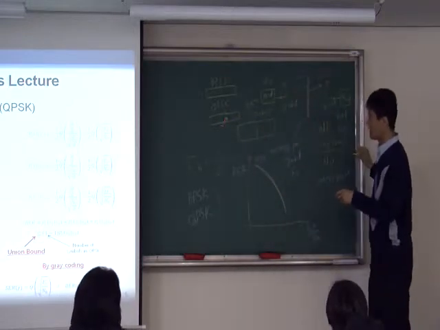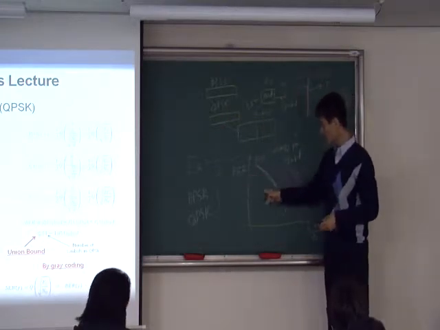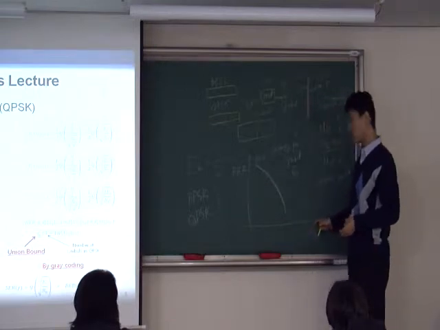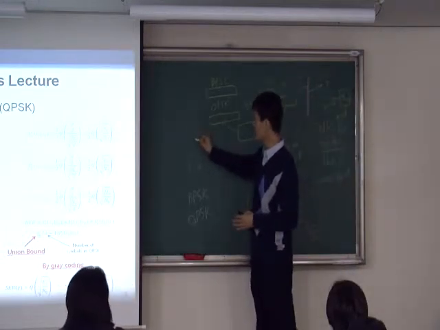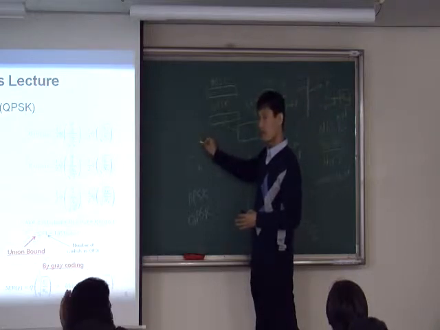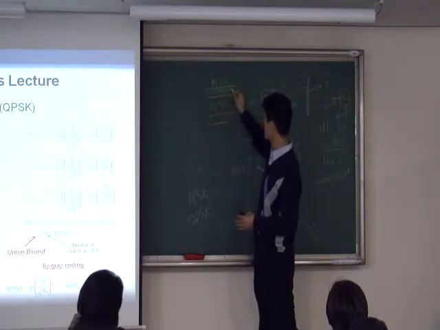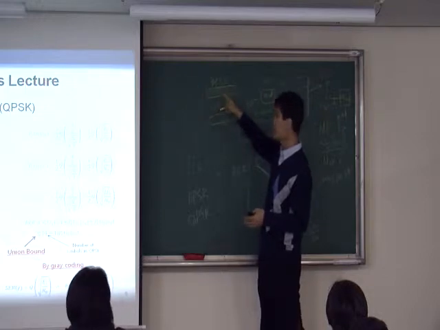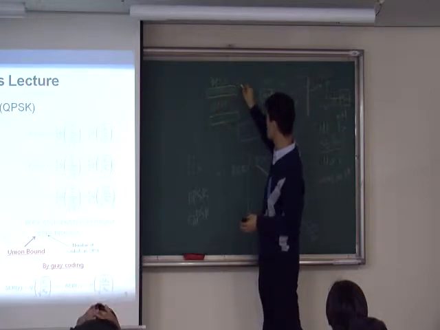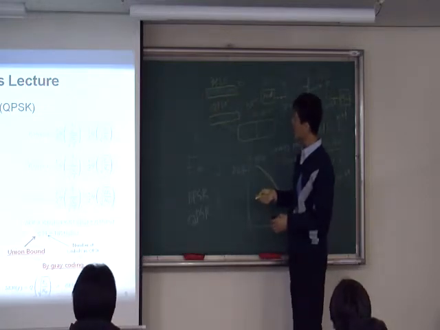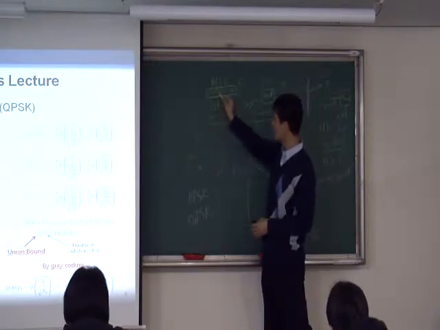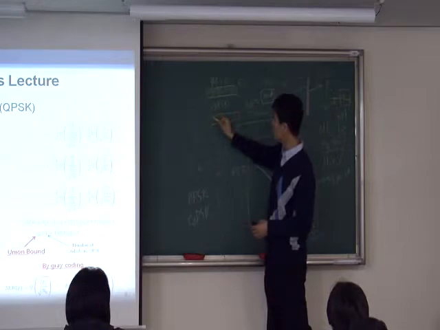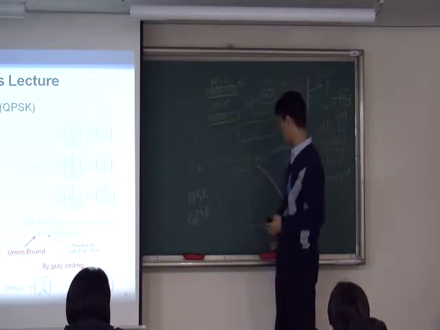That's QPSK. However, in order to compare the BER versus Eb over N0, I fix the Eb. Since I have 1 bit in one symbol, this whole thing is Eb. But in the case of QPSK, there are 2 bits, but I fix the Eb, so this energy should be the same as that energy. That's what I did, right?